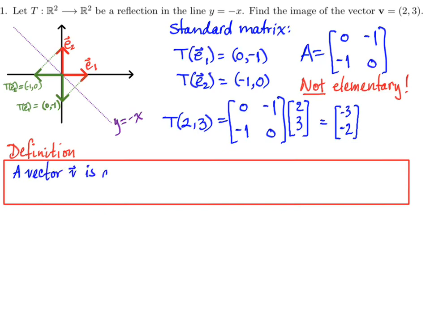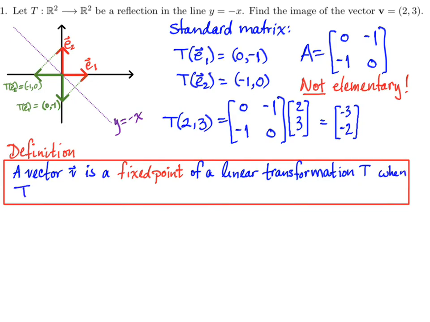A vector V is called a fixed point of the linear transformation T when T of V is equal to V. So it doesn't get moved. Some linear transformations move some vectors, but not all of them. And so the ones that don't get moved at all are called fixed points of that particular linear transformation.